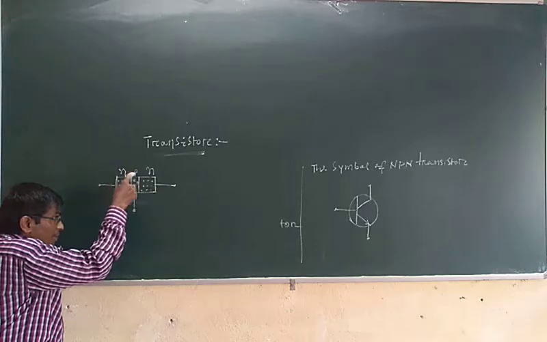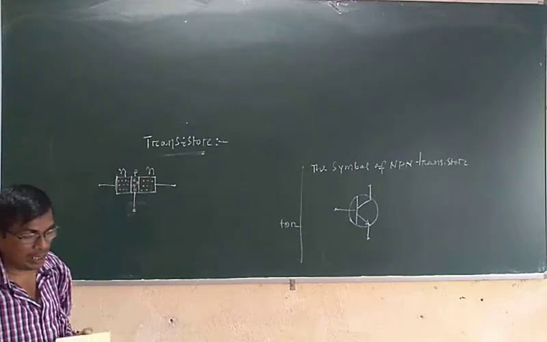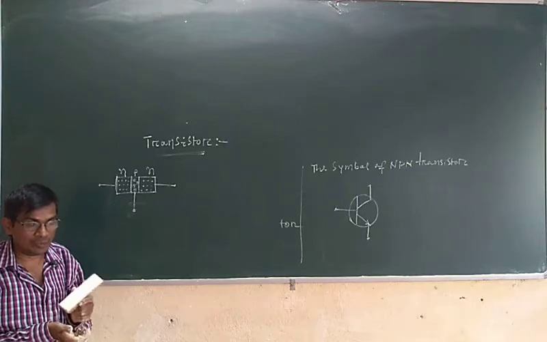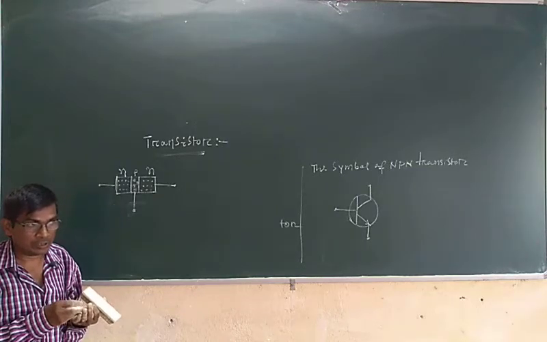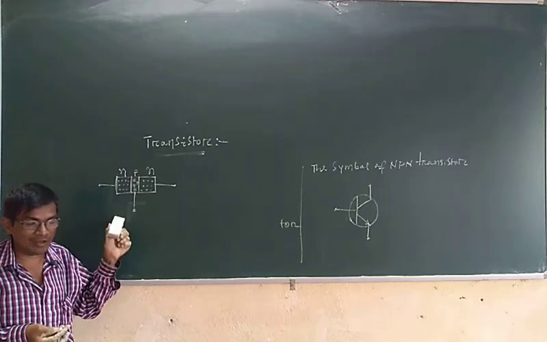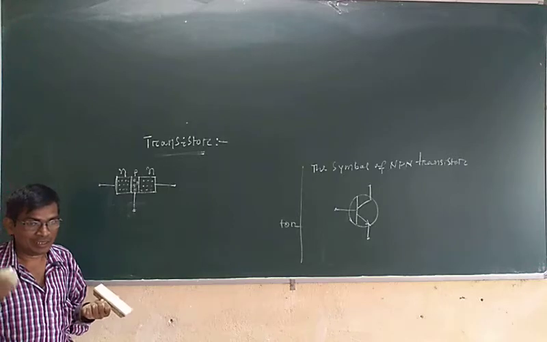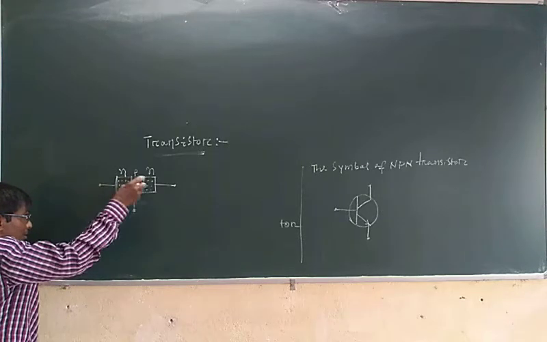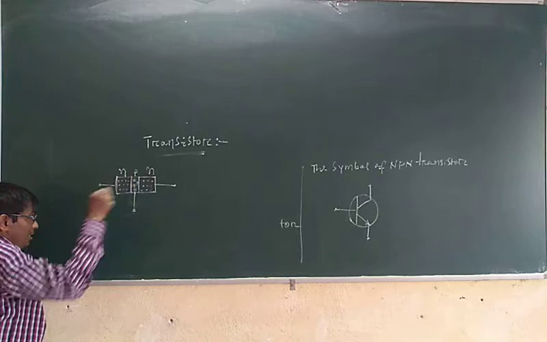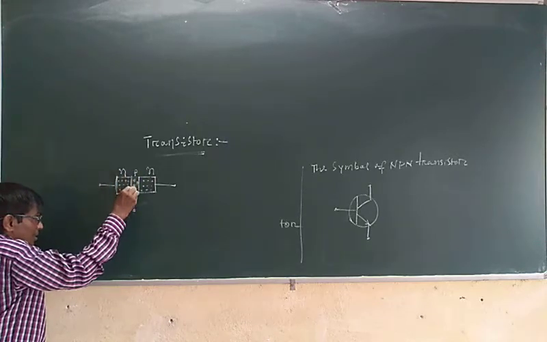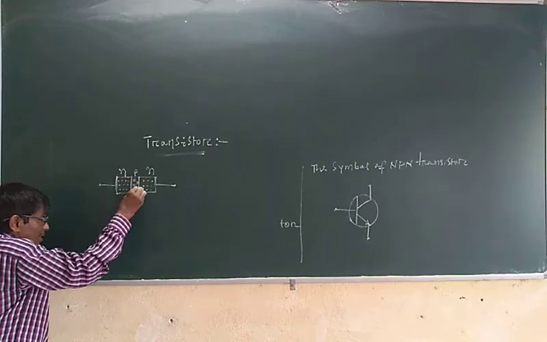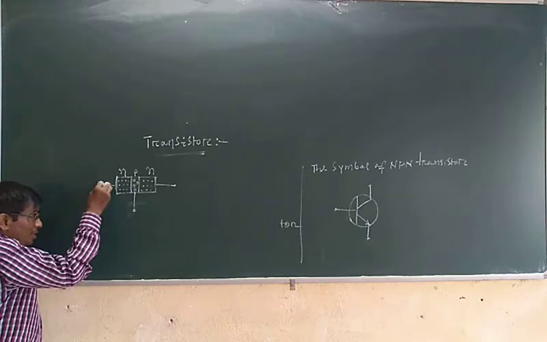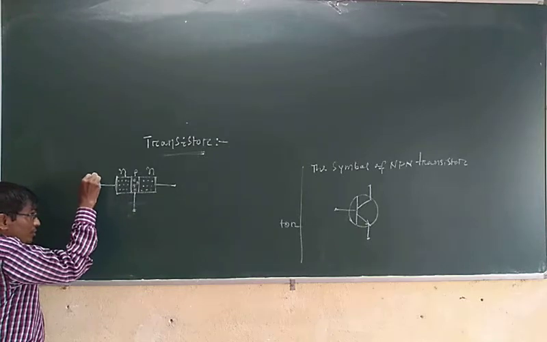Of the three layers of NPN, one layer emits the charge particles, the majority charge carriers, electrons or holes. The region which emits the charges, this terminal, is known as the emitter. In an NPN transistor, this region is N material and this region is N material.